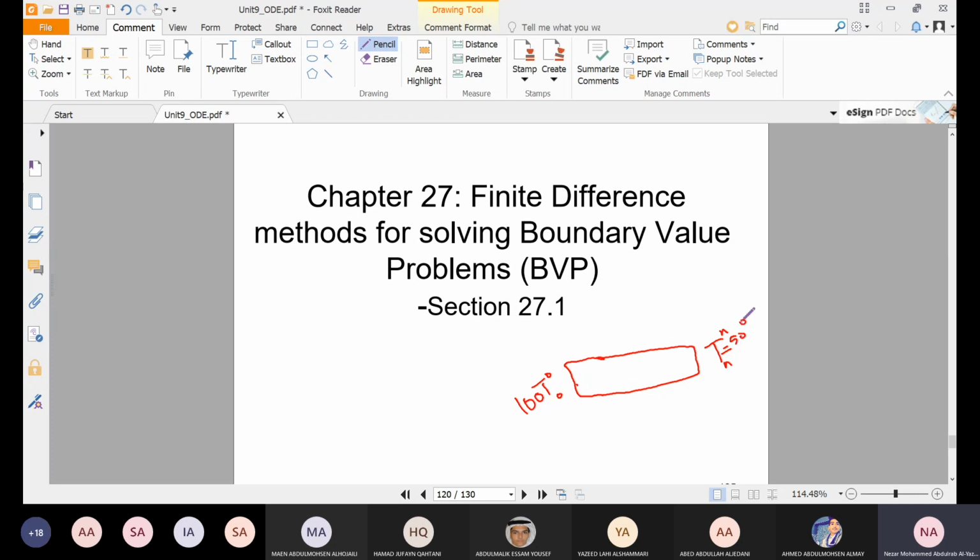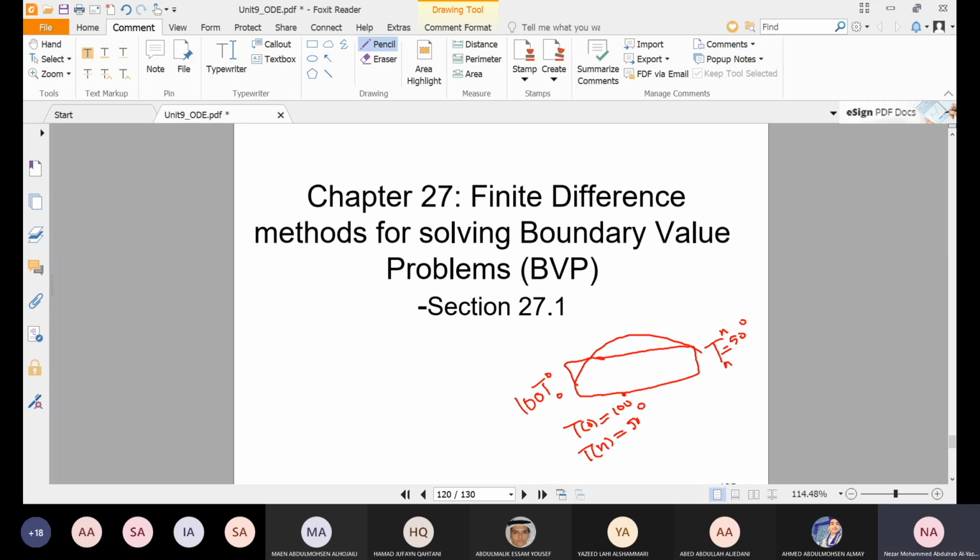So here we have two boundary conditions at different points. The first condition is that the temperature at point 0 is equal to 100 degrees, and the temperature at point n is equal to 50 degrees.